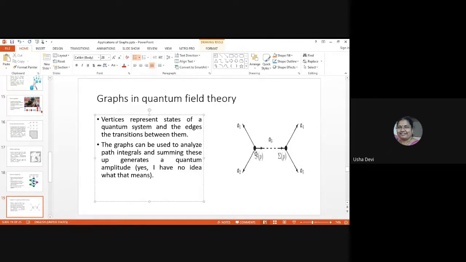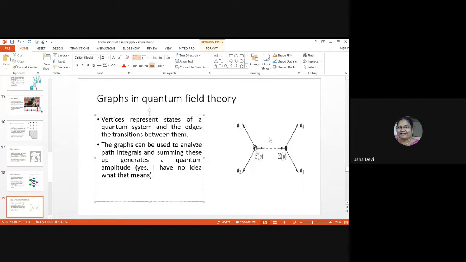And what kind of graph is this? Directed graph. If you have any arrows, automatically it says it is a directed graph. Therefore, the information flow is in that direction alone.